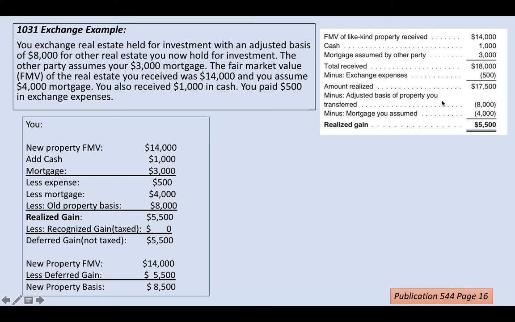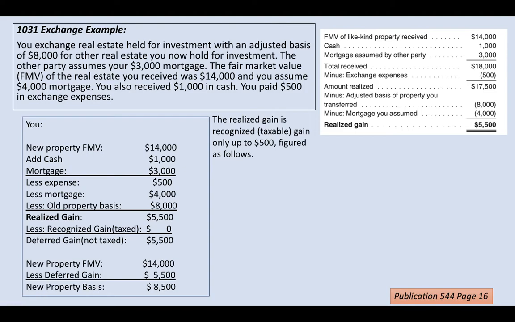Then minus your adjusted basis of $8,000, your total realized gain is exactly the same. Then the realized gain is recognized taxable gain only up to $500.